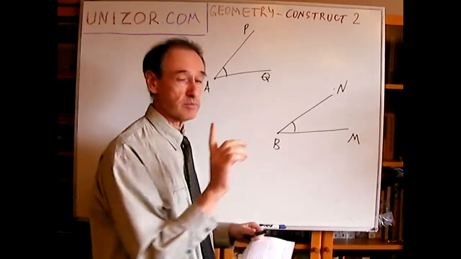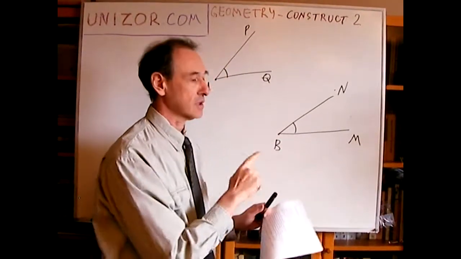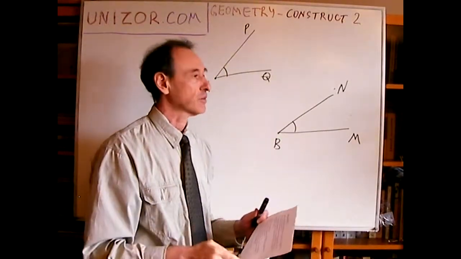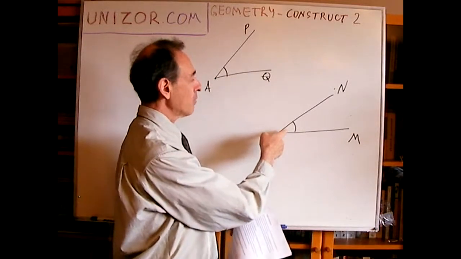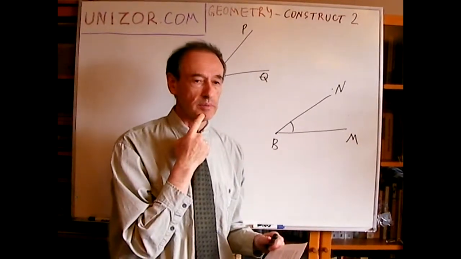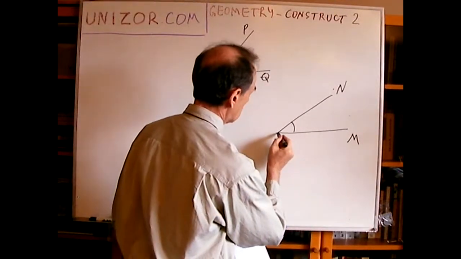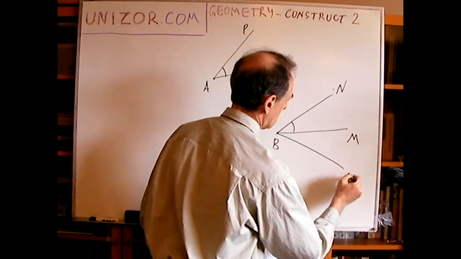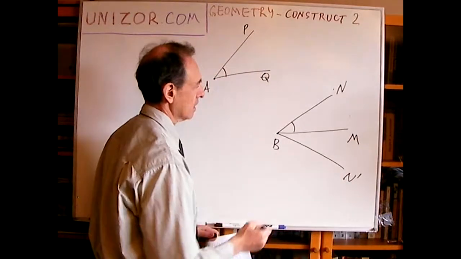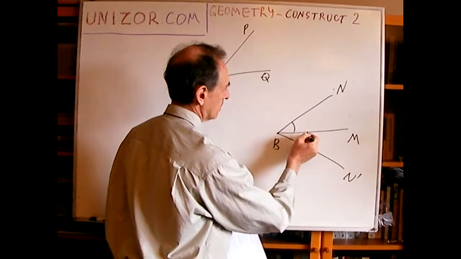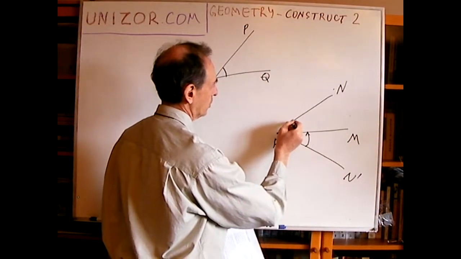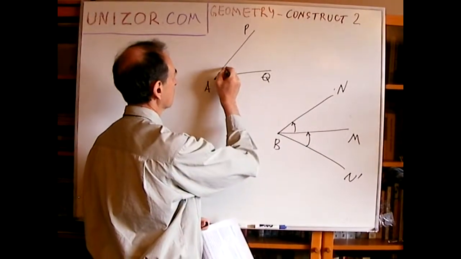Now, by the way, before I continue with this particular construction problem about the sum of two angles, obviously this particular problem has two solutions, because you can construct another ray, this one, Bn prime, let's say, and this angle will be congruent to this and congruent to this.